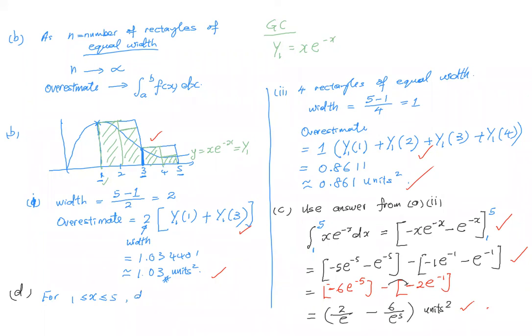We should divide into more rectangles. You can take an example, 8 rectangles, up to you. You want to give an example or not, also can. Okay, 8 rectangles. Of what? You must mention this word. If not, that 1 mark will not be given. Of what? Of equal width.